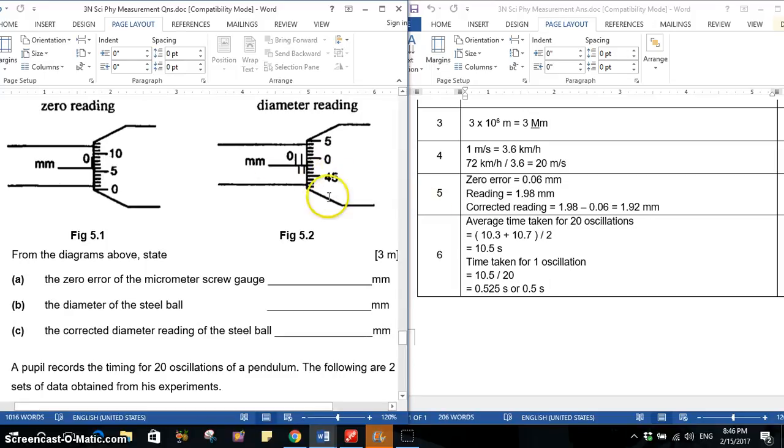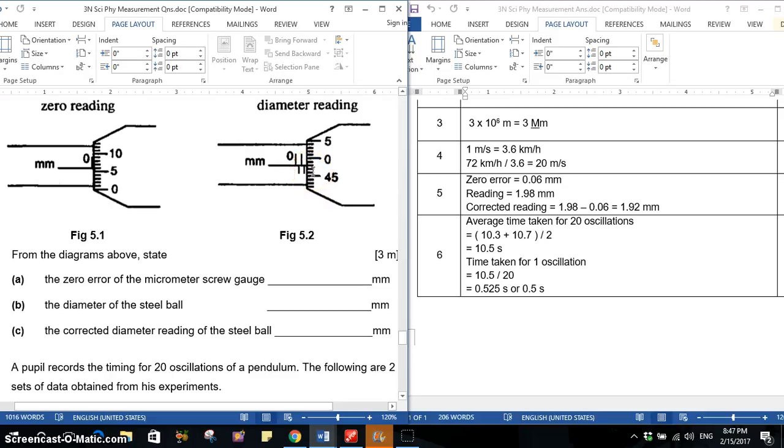The reading for your steel ball, can you see that this is 0 mm, 0.5, 1, 1.5. Your main scale reads 1.5 mm. And your thimble scale, well, this is not 42, but 48. Because from 45, 46, 47, 48.